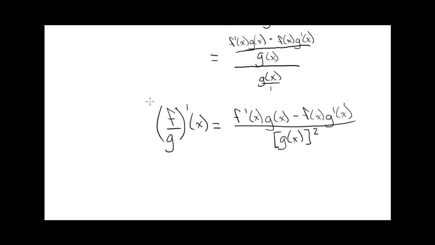So that's the derivative of h, which was f over g. So that's the derivative of the quotient. So that's your quotient rule.